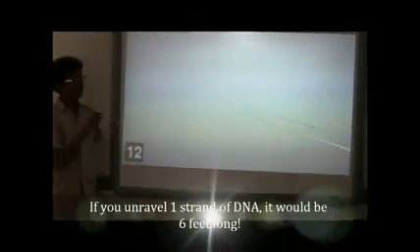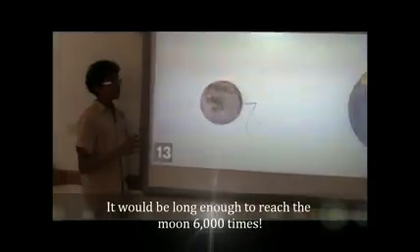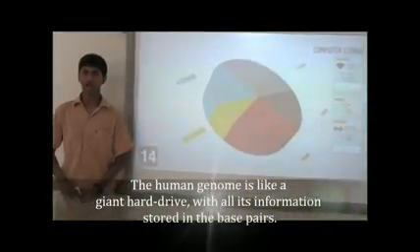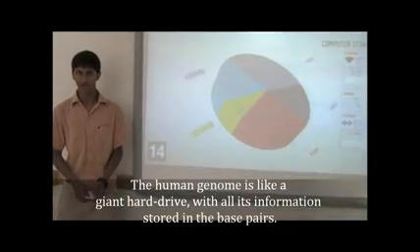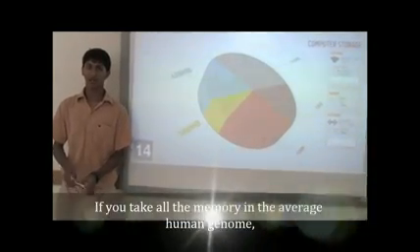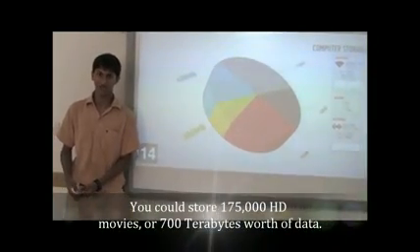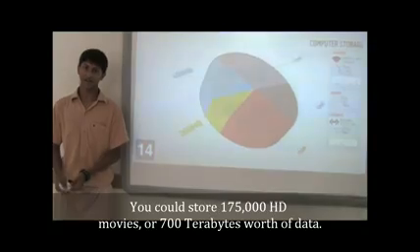If you unravel one molecule of DNA, it would be 6 feet long. If you unravel all the DNA inside our bodies, it would be long enough to go from the Earth to the Moon 6,000 times. The human genome is like a giant hard drive, where all its information is stored. The memory of the average human genome could store 175,000 HTML pages and 700 terabytes worth of information.